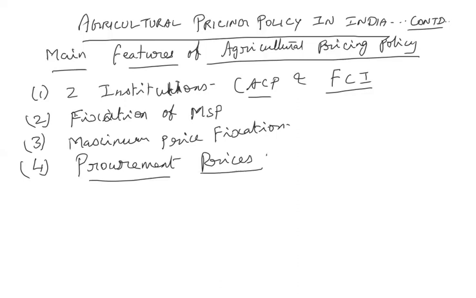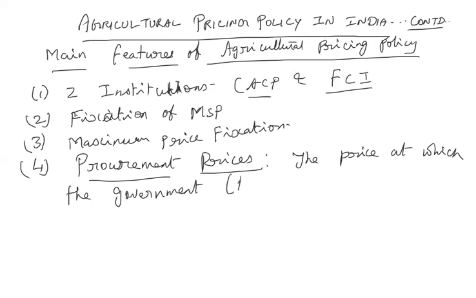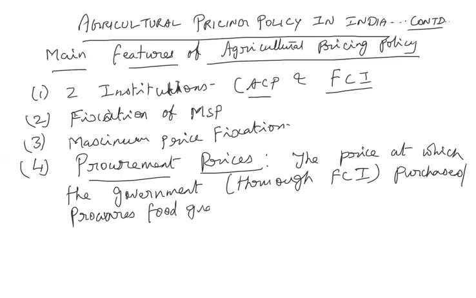The procurement price is, again, the price at which the government, through the Food Corporation of India, purchases. The Food Corporation of India is the main agency, or the only agency, which is purchasing the produce from the farmers to be sold to the consumers. So when the FCI procures food grains from the farmers.